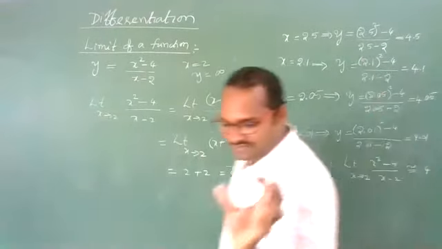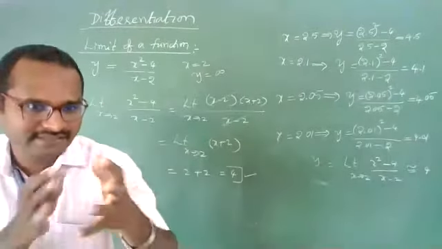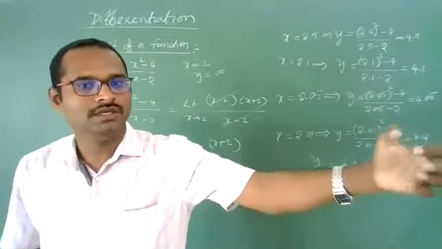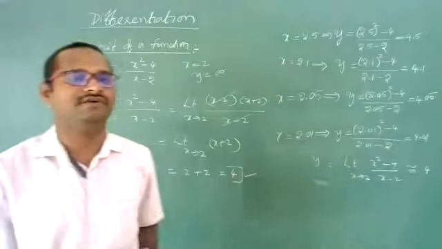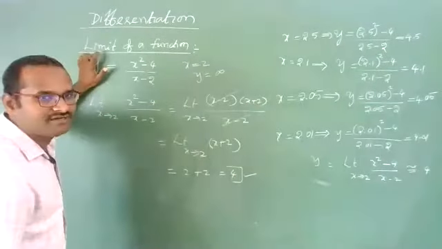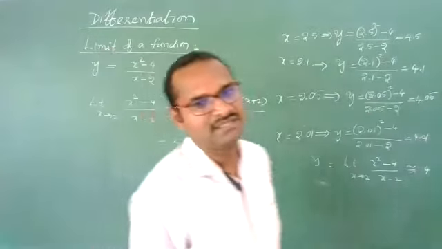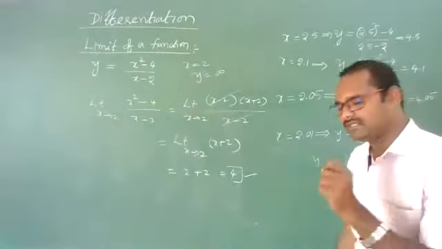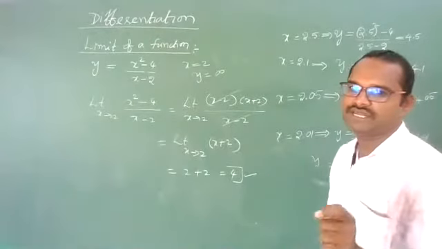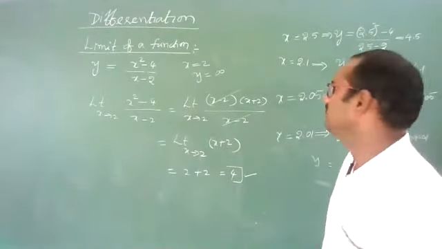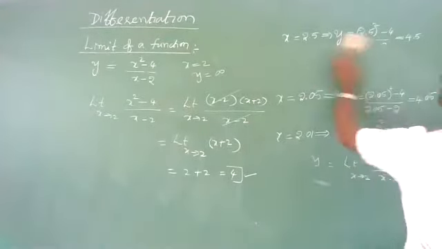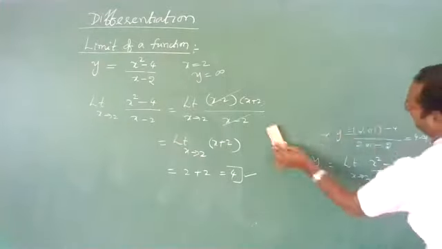Means whenever any function gets an indeterminate value, you can get the value of that function by the concept of limits. Okay, now for these limits in mathematics calculus we have a few formulas. I am giving you here, you must remember that formula.